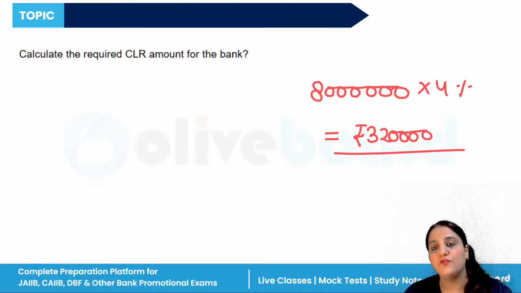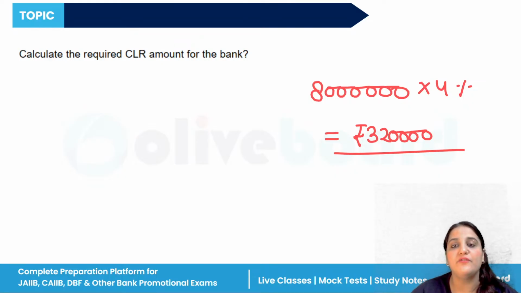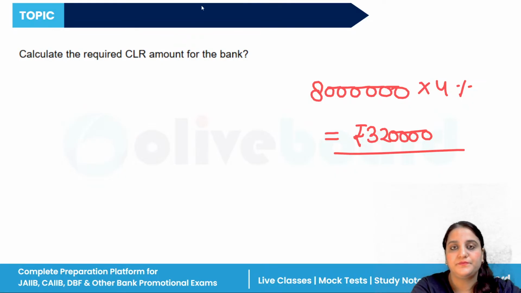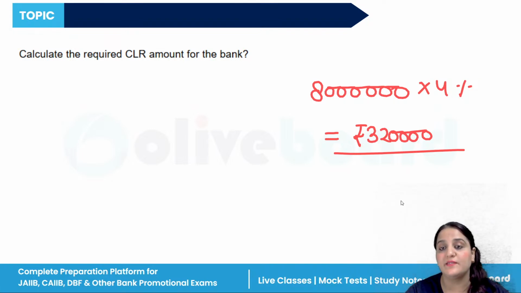This is the 4% amount, and CRR requirement is calculated like this. Got it? Sometimes these types of questions are there in the examination. So we should know how to calculate these things.